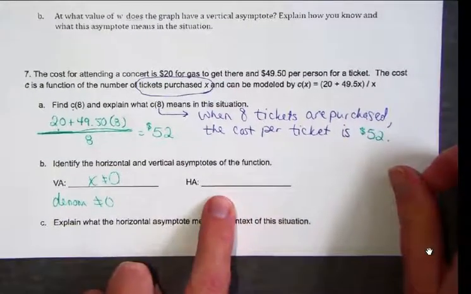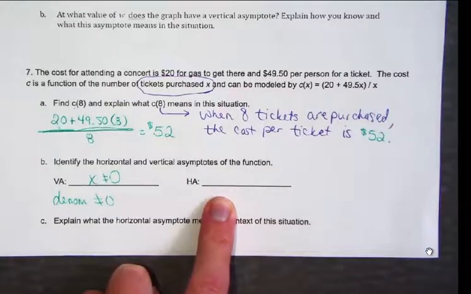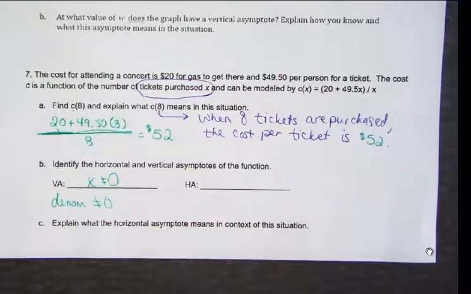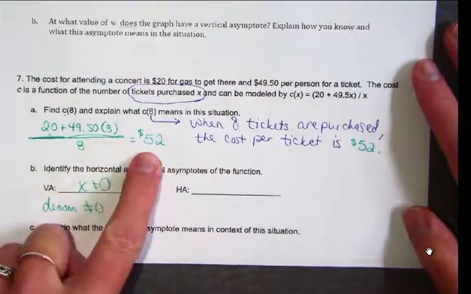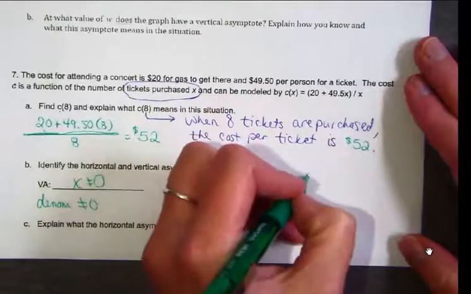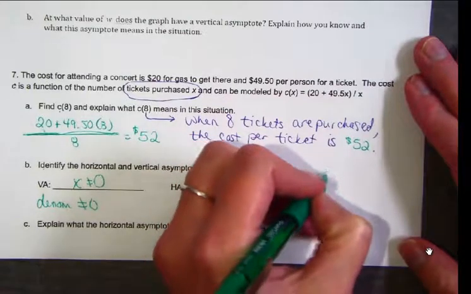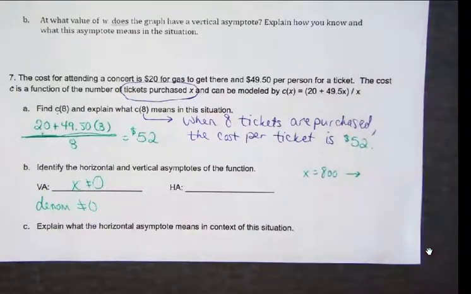Another way to find our horizontal asymptote, if breaking it up into 2 separate fractions isn't working for you, another way is to try to have some kind of bigger and bigger number and see what some different values are. Now we know how many it is for 8 tickets, but what if we had some kind of big number? Like, what if x was like 800 tickets? What would our output be?